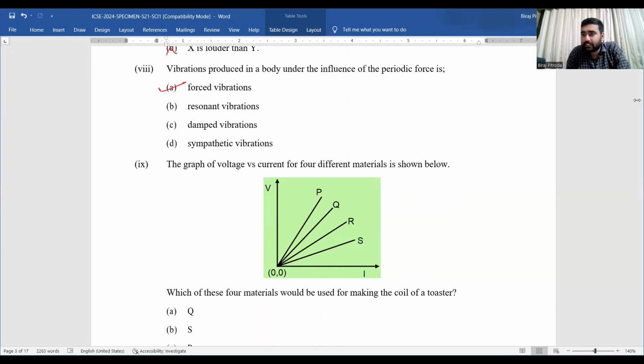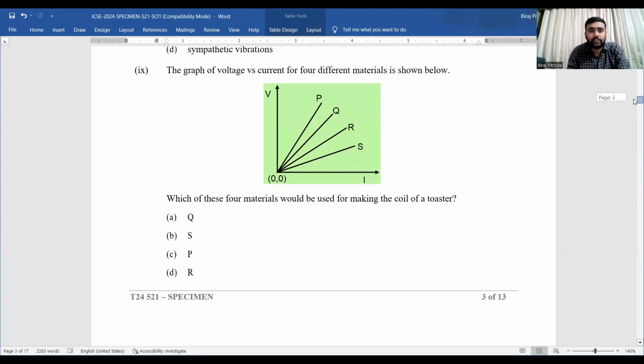The ninth question is from a chapter called Current Electricity. Let's see what the question is. The question is, graphs of voltage and current for 4 different materials are shown to us. Voltage means potential difference. So they have plotted current on the x-axis and potential difference on the y-axis.